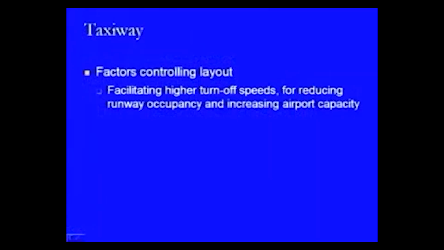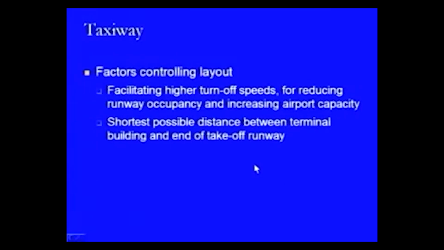This design feature should help in facilitating the turn off at a much higher speed, and if this is possible, then with a little reduction in the speed of the landing aircraft, we will be able to take the aircraft off the runway strip and it will come to the taxiway strip. This will help in reducing the overall occupancy time of any runway strip by an aircraft, and it means the same runway strip can be used for another operation and thus the airport capacity will increase.